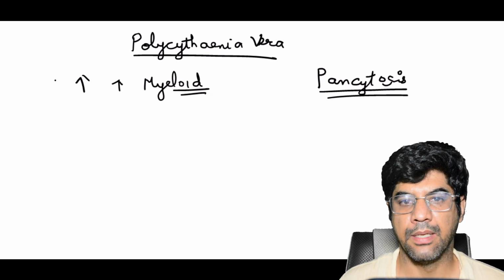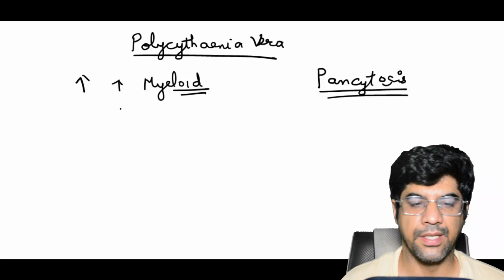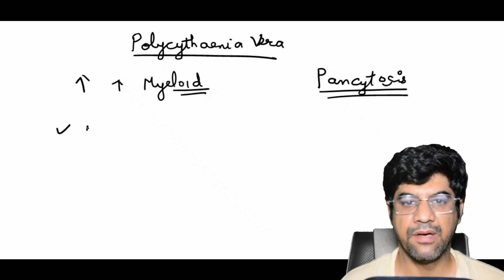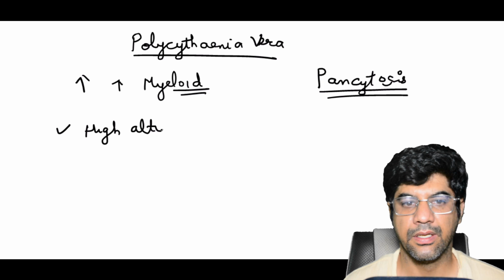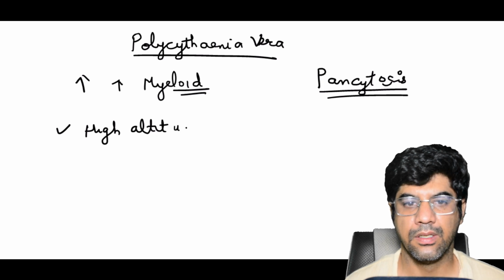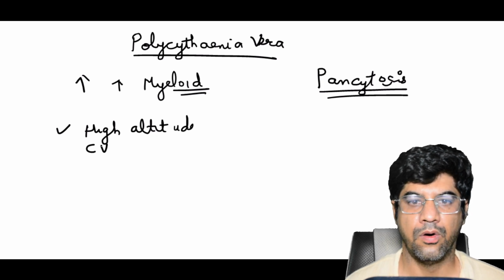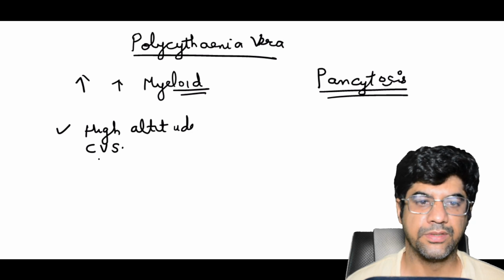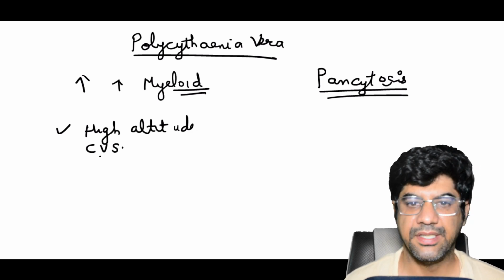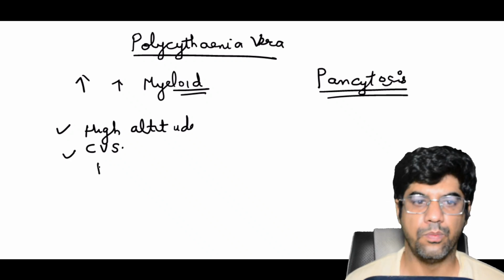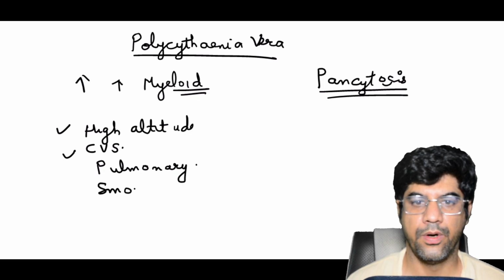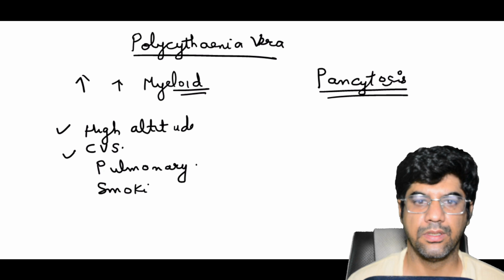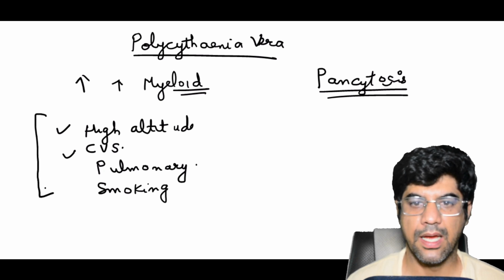So remember, it can be primary or secondary. The secondary polycythemia vera can occur due to high altitude, or due to cardiovascular diseases, or due to pulmonary diseases, or due to smoking, heavy smoking.